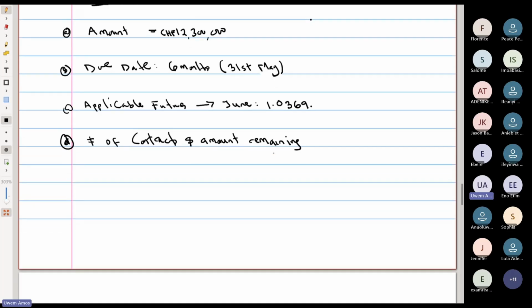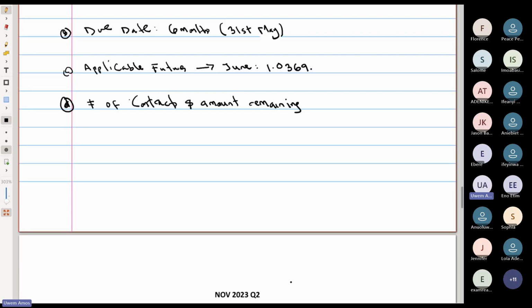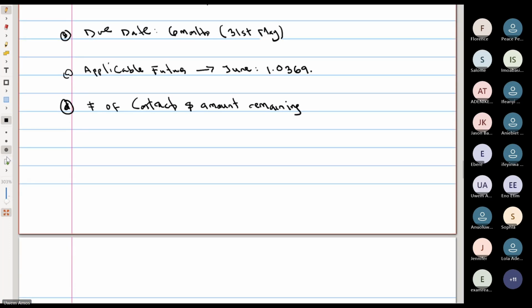To determine the number of contracts, all we need to do is to say: the amount required divided by the contract size, or the block size that is sold.